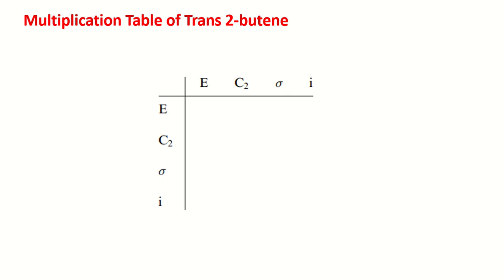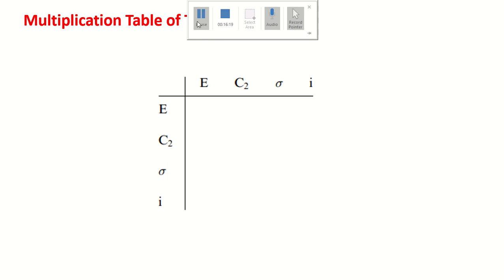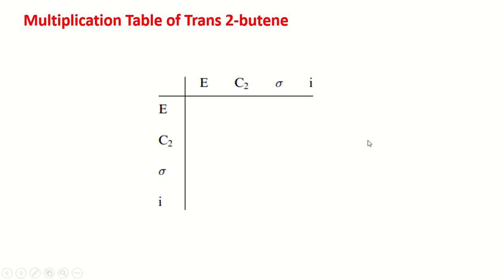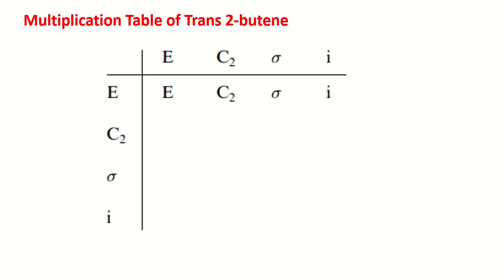That is, the operation should be written as it is, because identity is doing nothing. And here are the results of the first multiplication of identity with the rest of the symmetry operations of trans-2-butene.